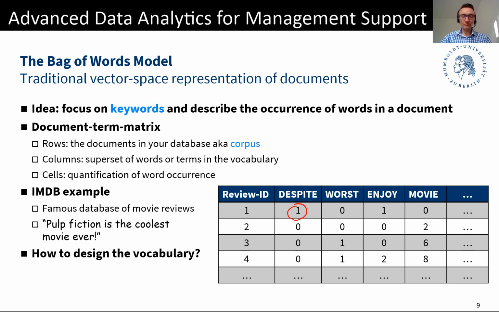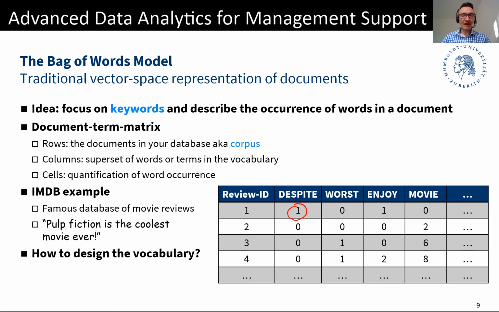That is a question that should become relevant very soon. But first of all, just accept this as a way to represent text in a numerical form. We build this document term matrix and somehow quantify how often the terms or the words occur per document.